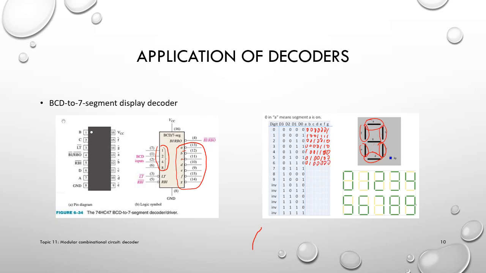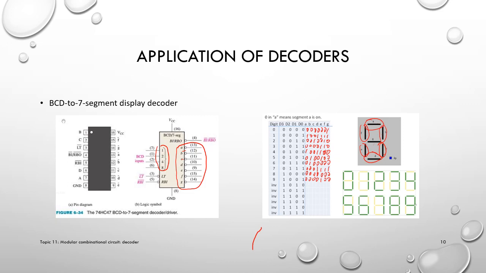For 7, ABC is on. For 8, everything is on. For 9, only E is off. Okay, but after 9, those states are not used here. So you can just put X for them because they are unused states, they never will show up at the input.